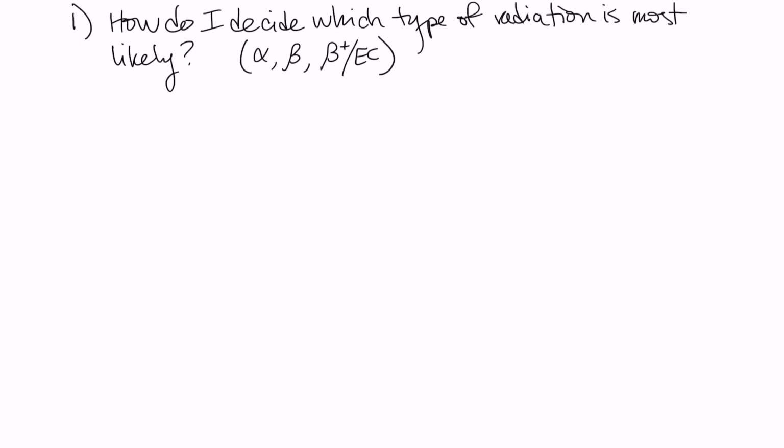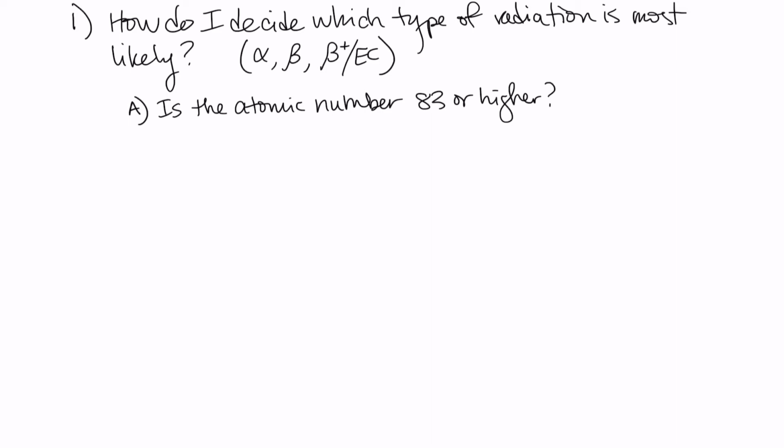First question you're going to ask yourself, question A. Is the atomic number 83 or higher? If so, what's going to happen? If it's 83 or higher, that means there are no stable isotopes.